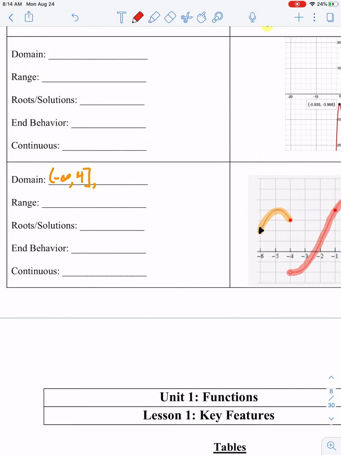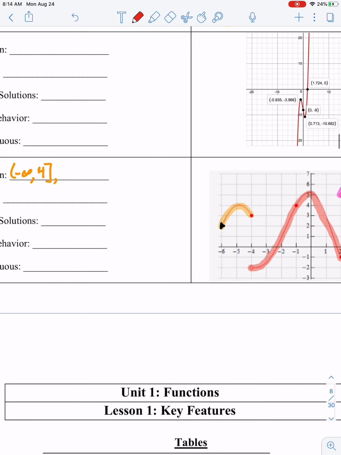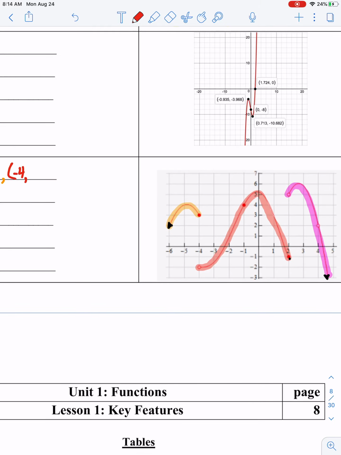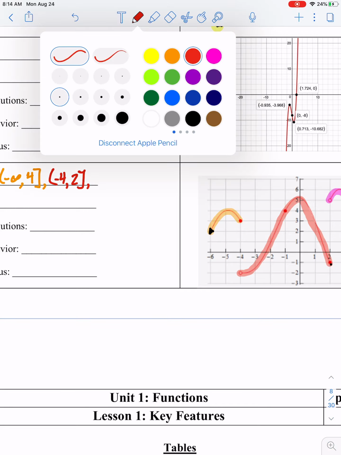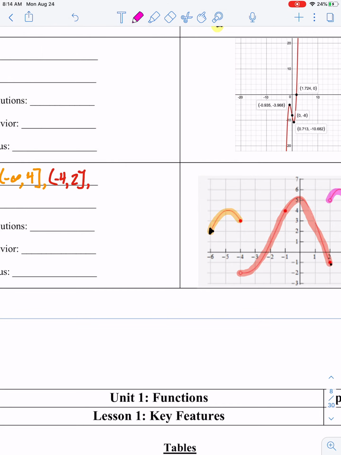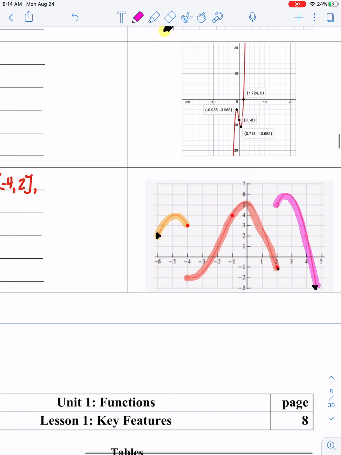Then my red function, I read my red function left to right. Its smallest x value is -4. It's open, so it gets a parenthesis. And it goes all the way to the right until it gets to 2. It's got a closed dot, so it gets a bracket. Then my purple starts at 2, but it's open, so it gets a parenthesis.